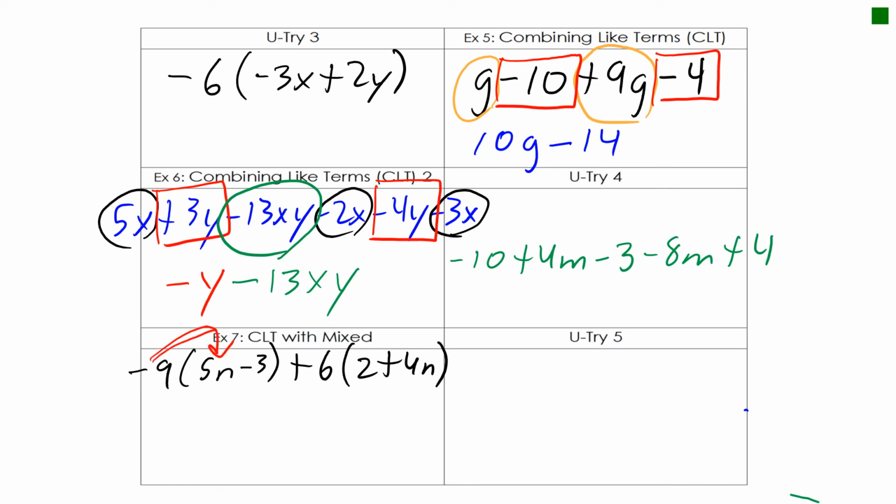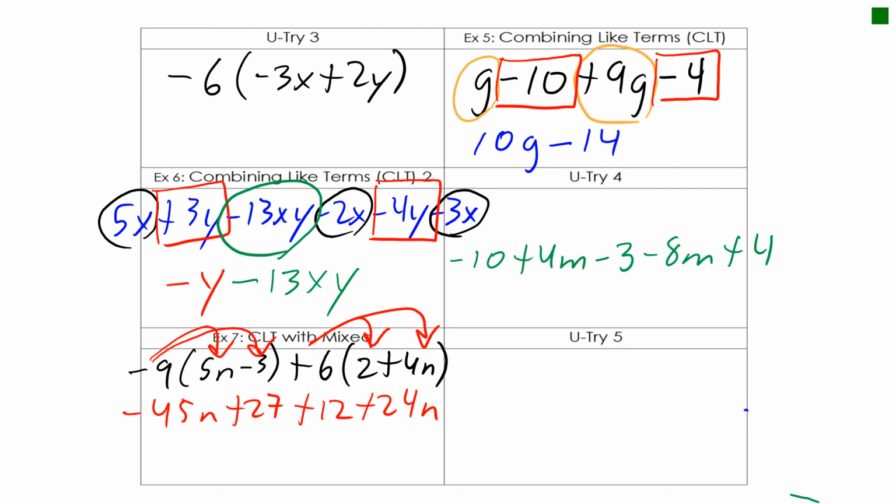So I'm going to distribute -9 to each term inside these parentheses. -9 times 5n is -45n. -9 times -3 is positive 27. Then I'm going to distribute positive 6 to each item inside these parentheses. Positive 6 times 2 is positive 12. Positive 6 times positive 4n is positive 24n.